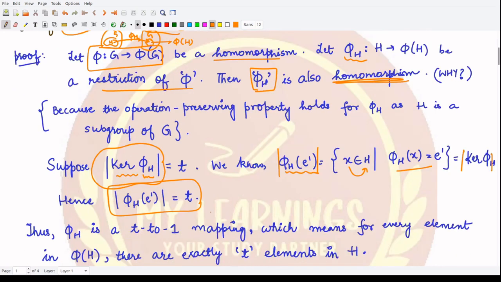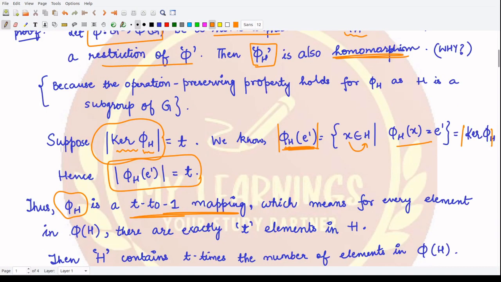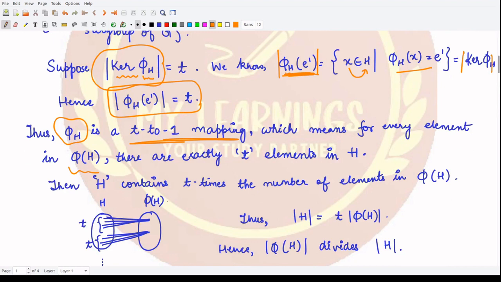Now, what does it mean? It means that this mapping phi of H is a T to 1 mapping, which means that for every element in phi of H, there are exactly T elements in H. For example, you have this phi of H and this as your subgroup H, and we have the mapping phi.